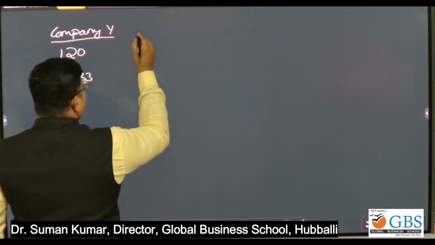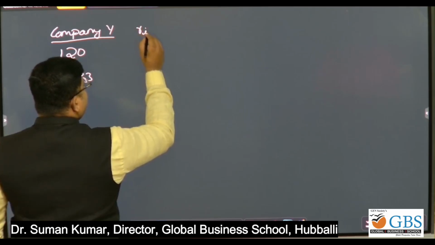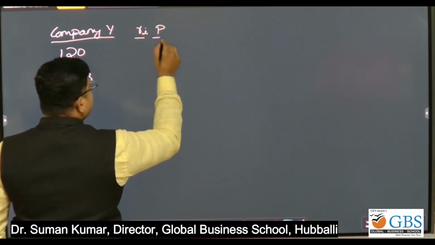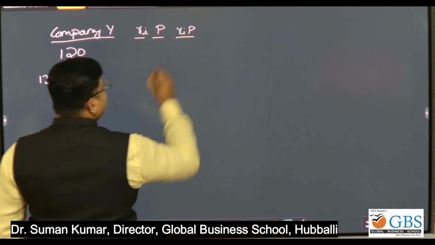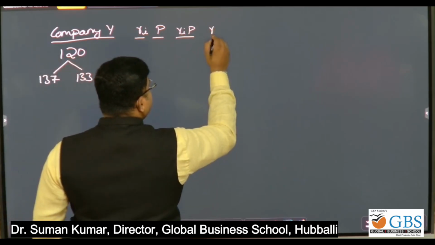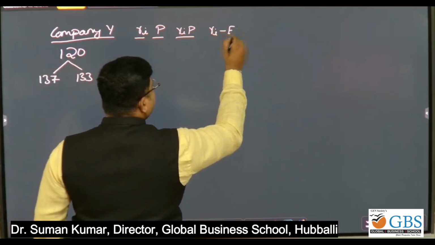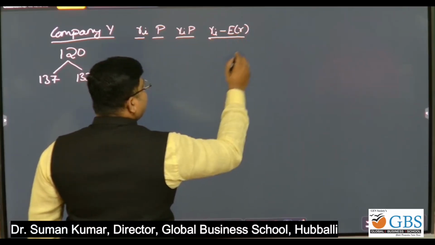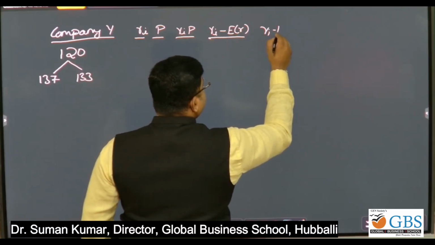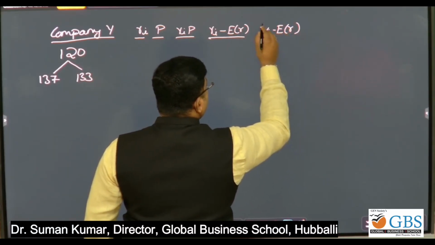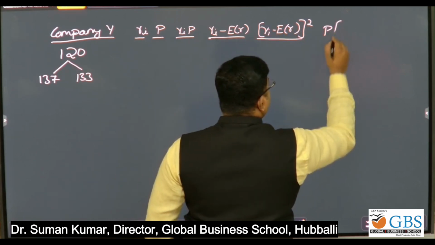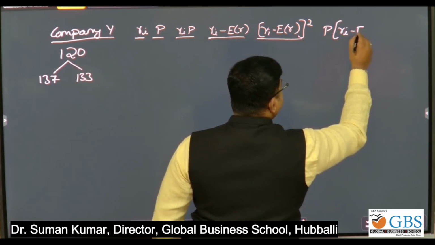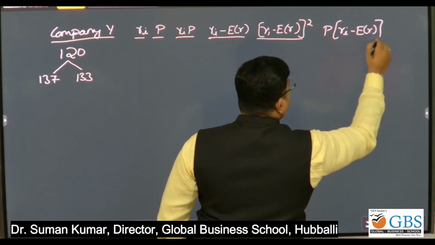So the columns: return, probability, return into probability, then return minus E of R, then Ri minus E of R whole square, the last column P into Ri minus E of R whole square.